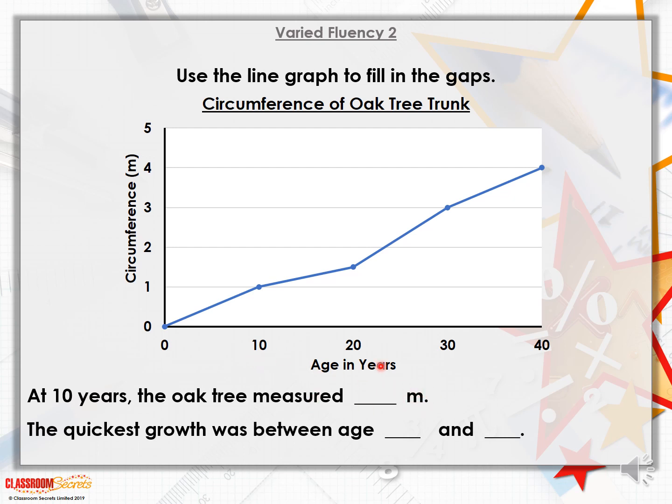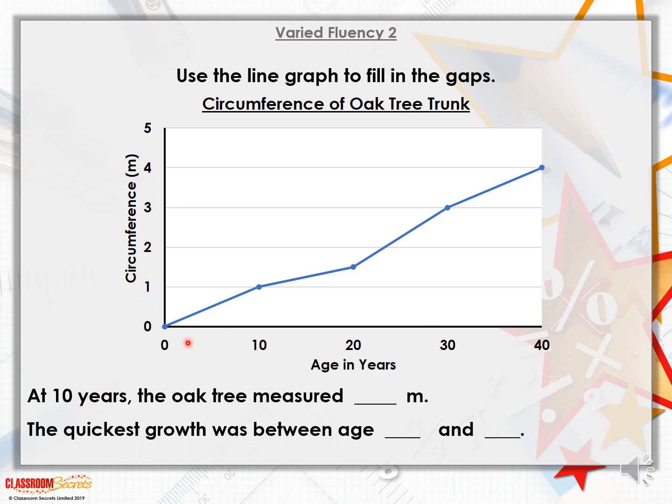So what I would have to do here, okay, it says age in years here, and it's looking at 10 years. So if I look at 10, okay, so here's my line graph going up. If I look at 10, if I imagine a straight line going up, can you see how it kind of meets this dot here? Okay, so if I look straight up, and then I look across, that tells me the circumference, okay?